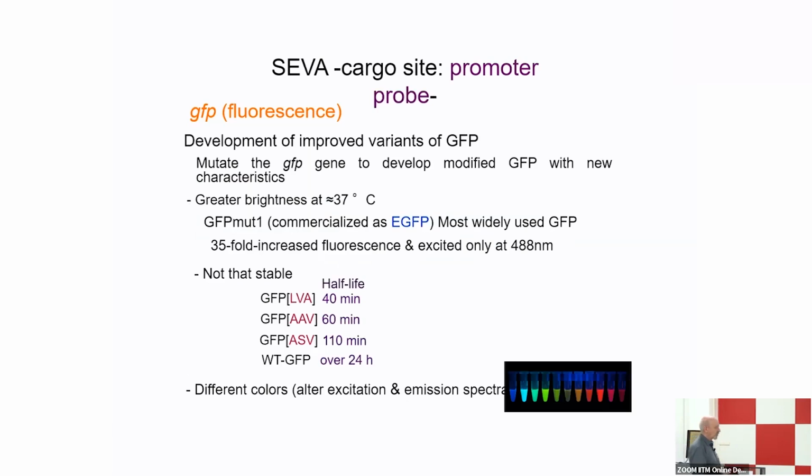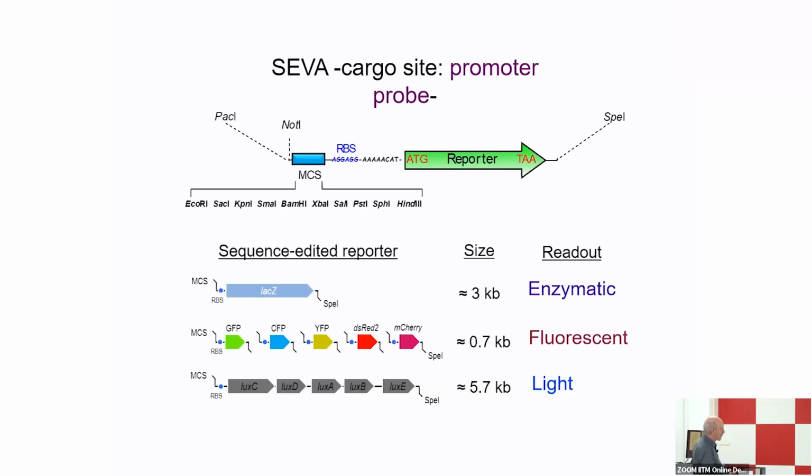And what is also nice is that because of different mutations that different laboratories have introduced in the original GFP, there's now a whole palette of fluorescent protein variants, in such a way that you can mark the same bacterium with different colors, and each color will be an indication of the activity of different promoters.